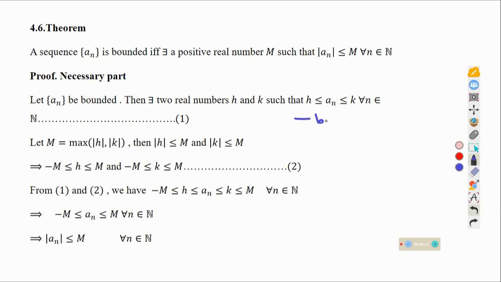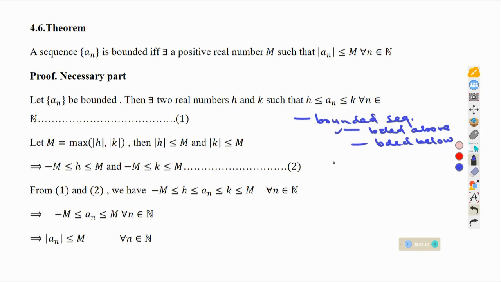Last time we talked about a bounded sequence, where basically we said a sequence is said to be bounded if, one, it is bounded above, and it is also bounded below. It must satisfy these two conditions. The sequence is bounded if it is bounded above and bounded below.